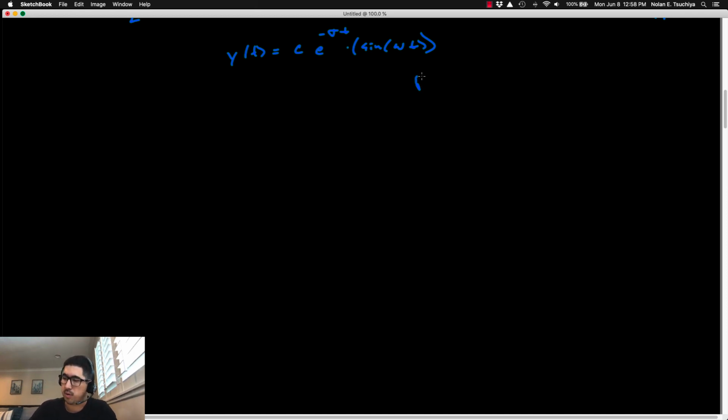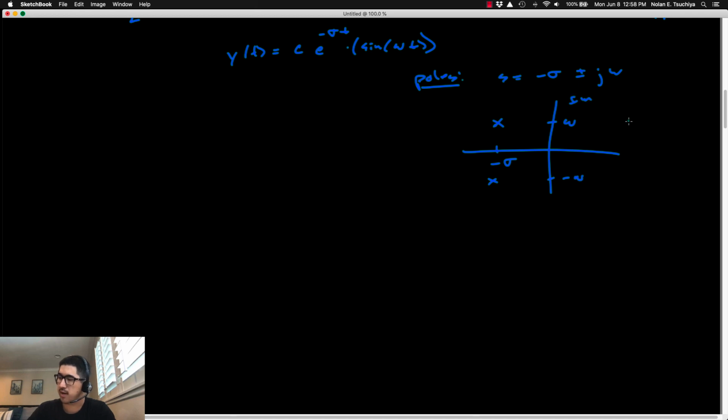In this case, the poles of that particular system would have been s equals minus sigma plus or minus j omega. So on the s-plane, the complex poles would be here, where this is minus sigma, and this is plus or minus j omega along the imaginary axis.